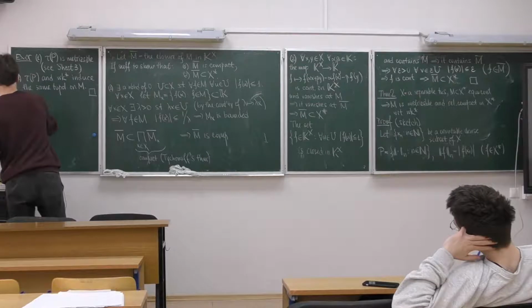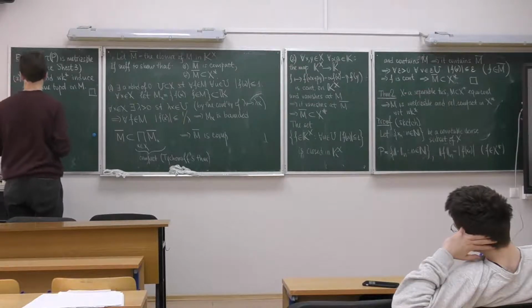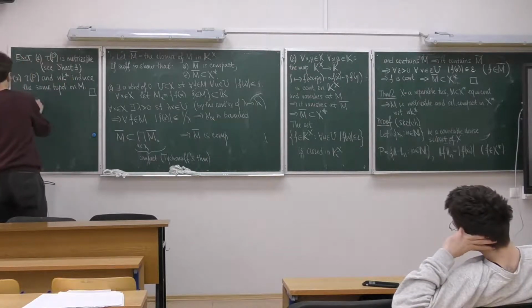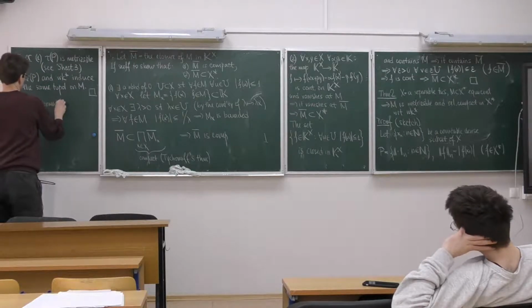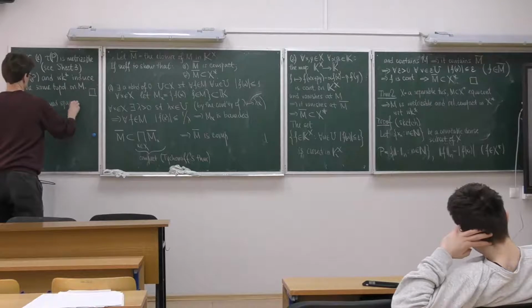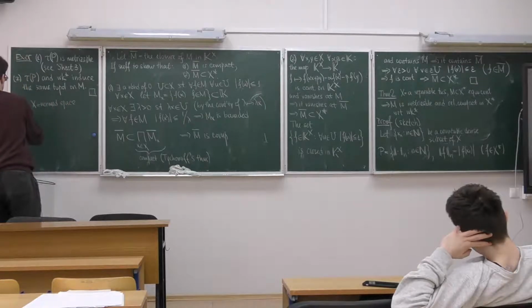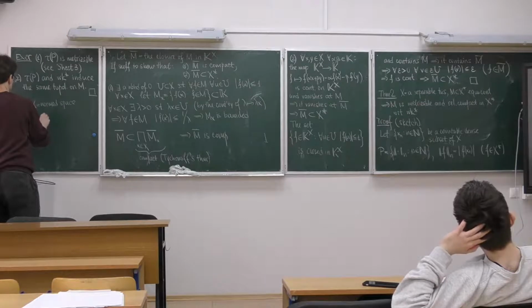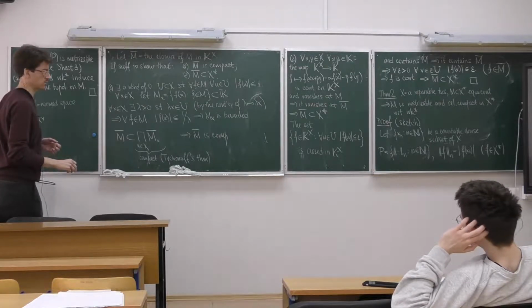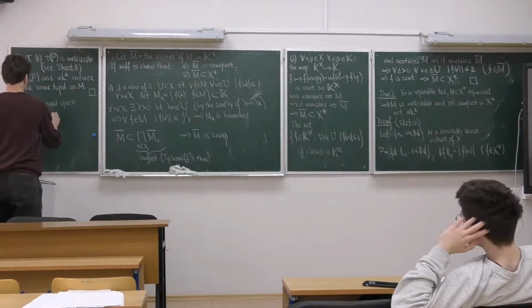Here's an important special case, a corollary. Suppose that X is a normed space. Then the closed unit ball of the dual is weakly star compact.